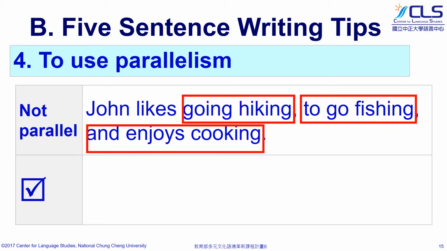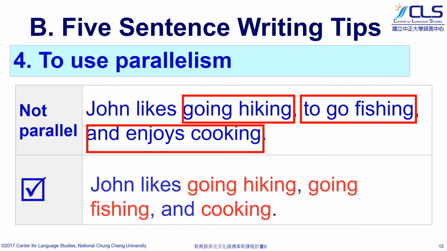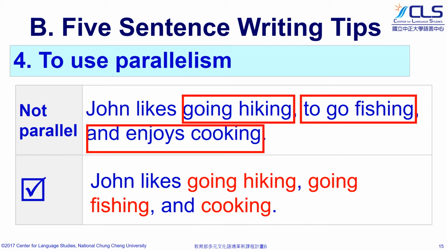So, to make it parallel, we can rewrite the sentence and connect the gerunds with the coordinating conjunction and. So John likes going hiking, going fishing, and cooking is parallel with the same grammatical forms, the gerunds.